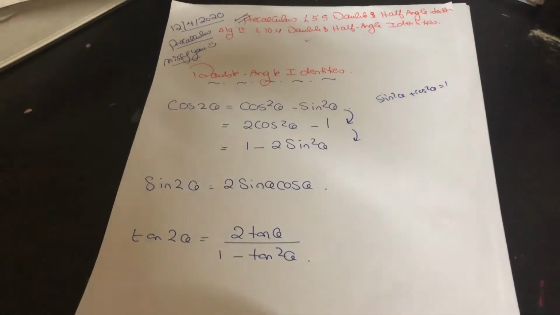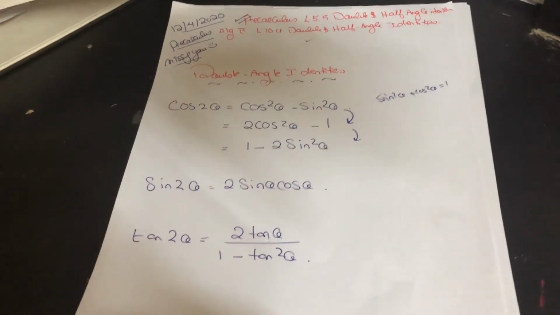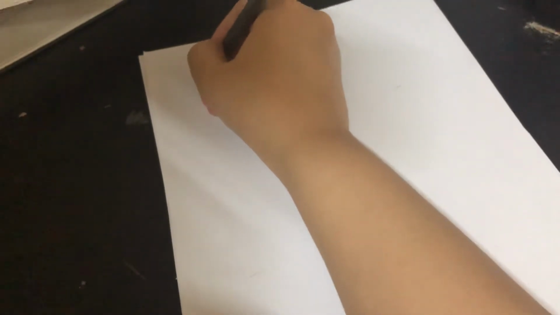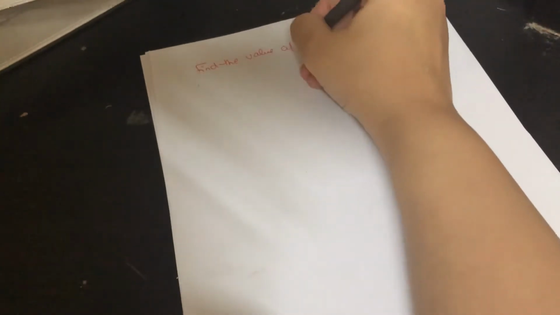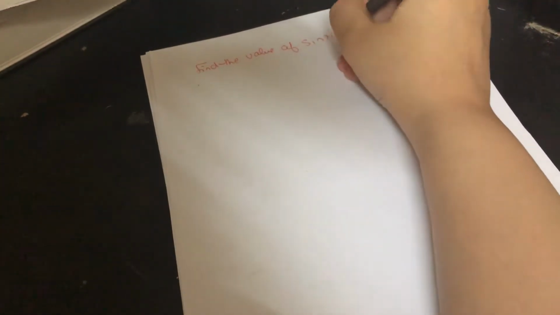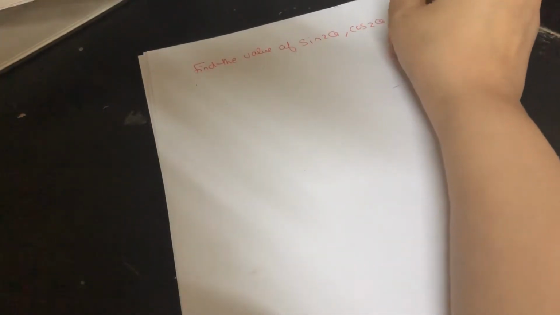There are several types of questions in this lesson. I will start with the first pack. The first pack is just find the value. The calculator will not help you much to find the values, but anyways, find the value of sine 2 theta, cosine 2 theta, tan 2 theta for the given value and interval.